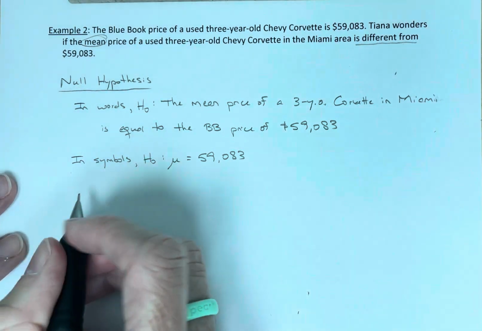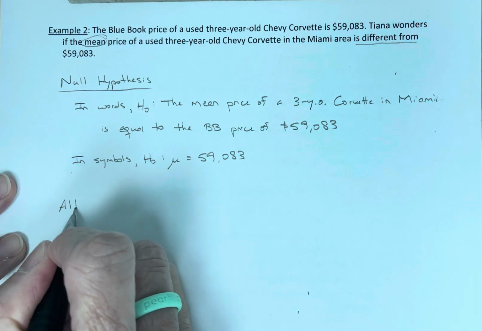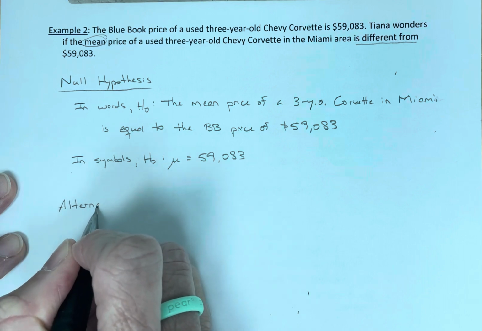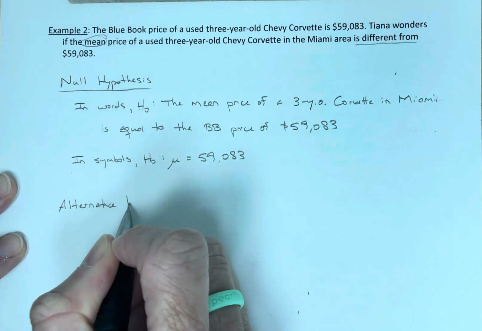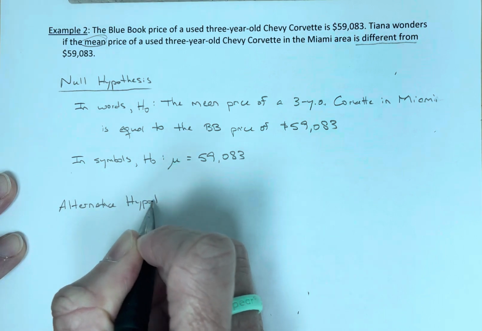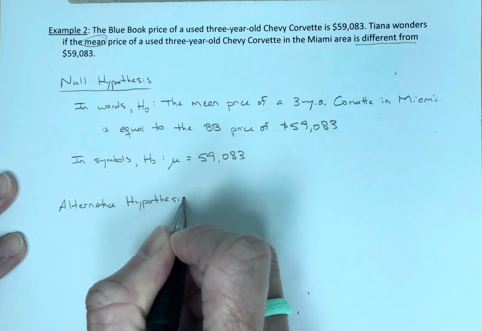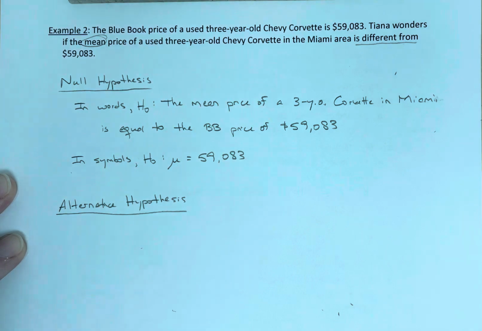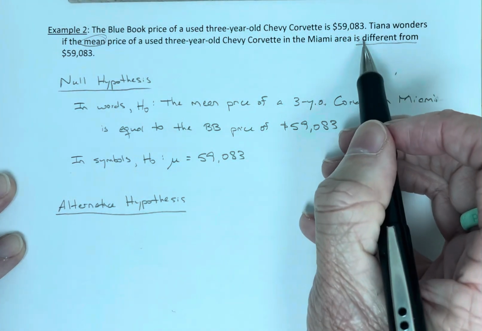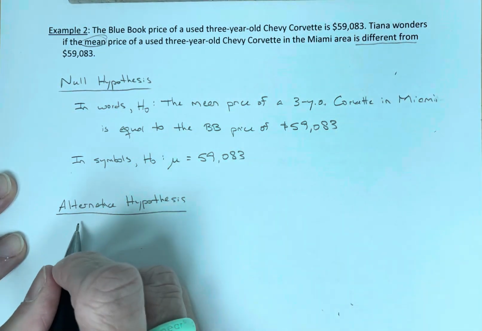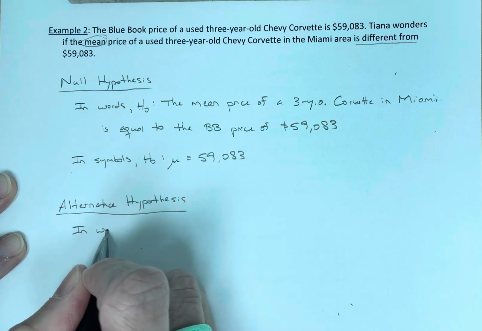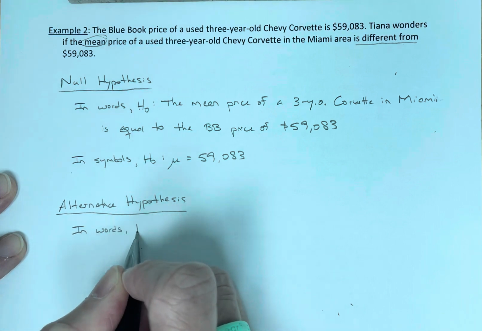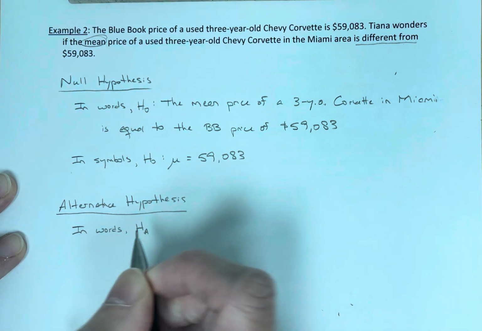Okay, what is our alternative hypothesis in this case? Okay, well, our alternative hypothesis is different from. Okay, so in words, H sub A or H sub 1.